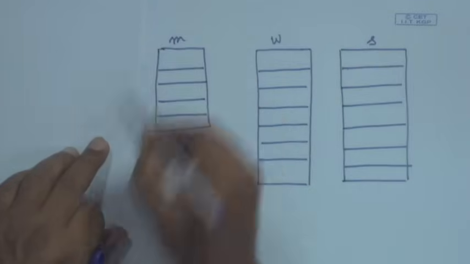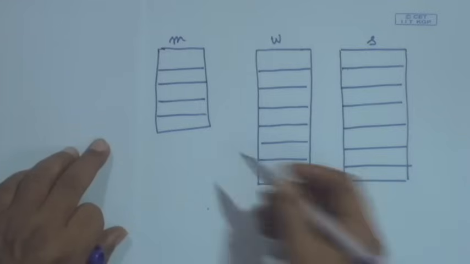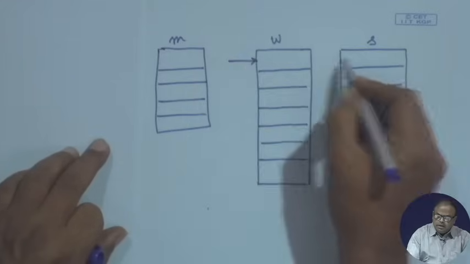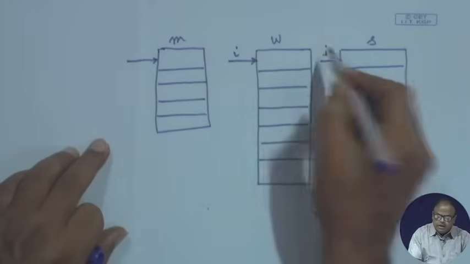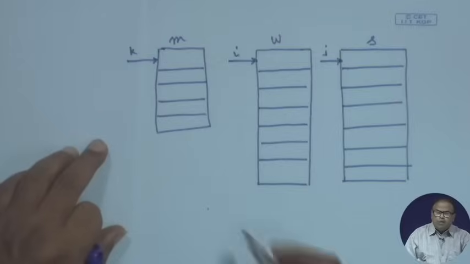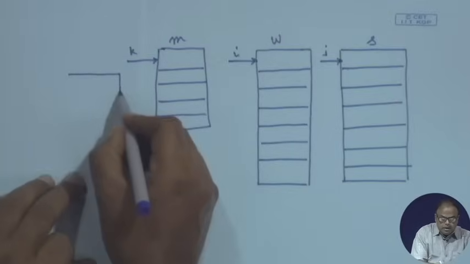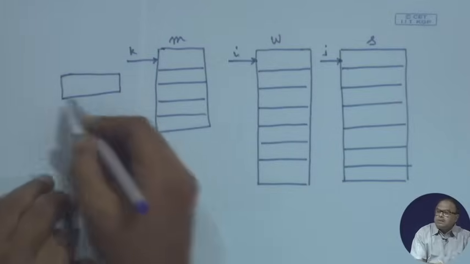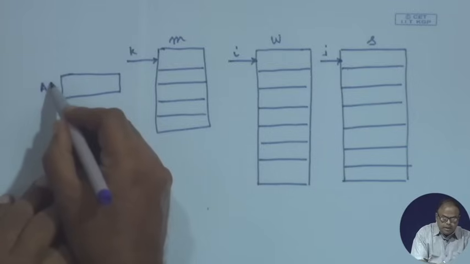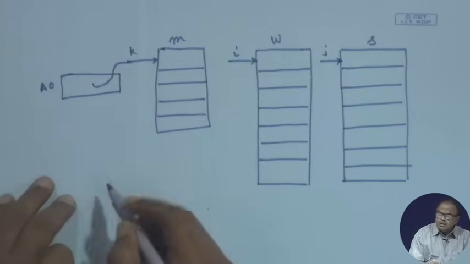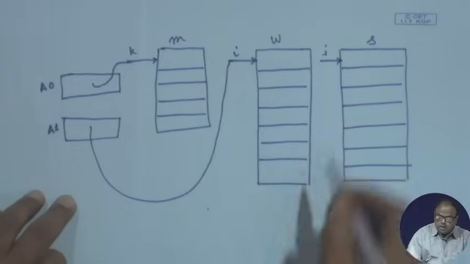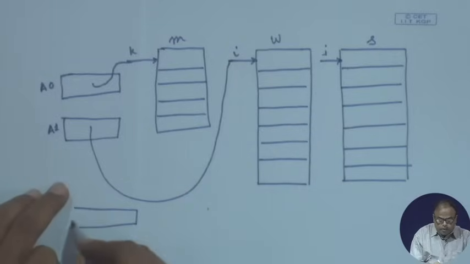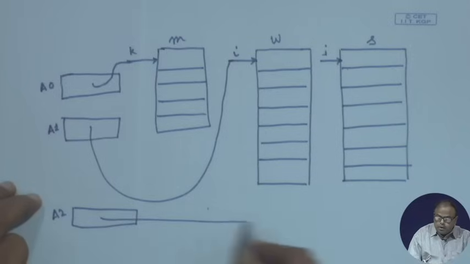There are 3 different arrays, and I am doing some operation with the indices, say I, J, K. For each of these indices, I have an address register. Maybe A0 is pointing to this, A1 is pointing to this, A2 is pointing to this.